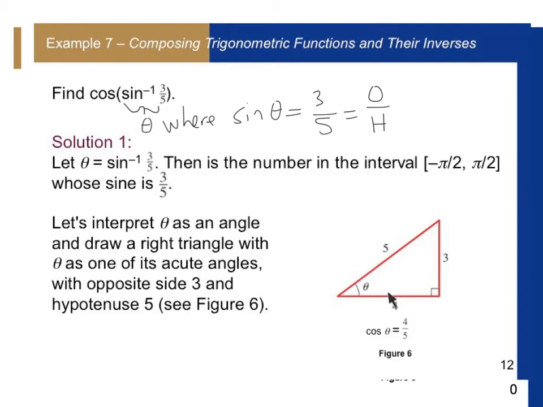It would be positive because we're in the right triangle, so it's an acute angle. Basically we're given these two sides of our triangle, where theta is here, when we're saying sine is equal to 3/5. Use the Pythagorean theorem, a squared plus b squared equals c squared, to get that 4, and then we can say cosine of theta is 4/5. In fact, we can do all the trig functions for theta now that we have all three sides.